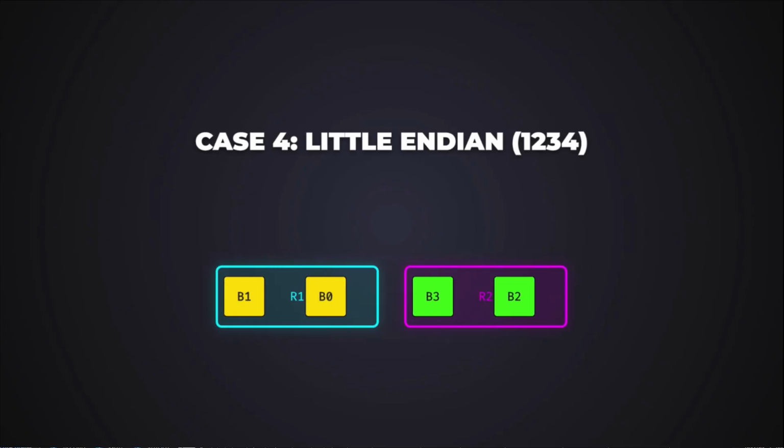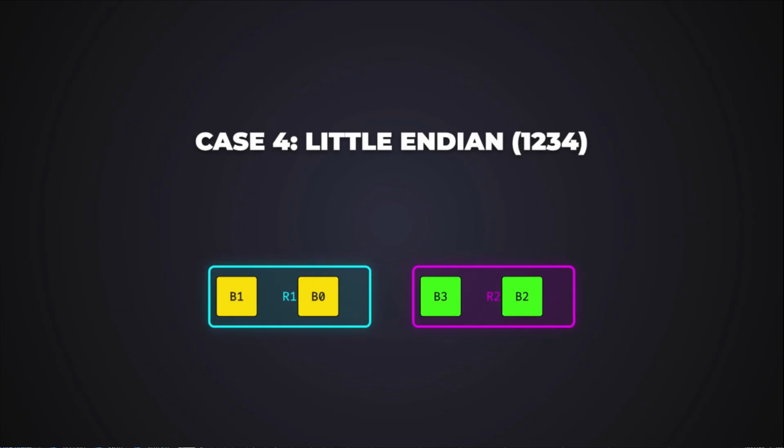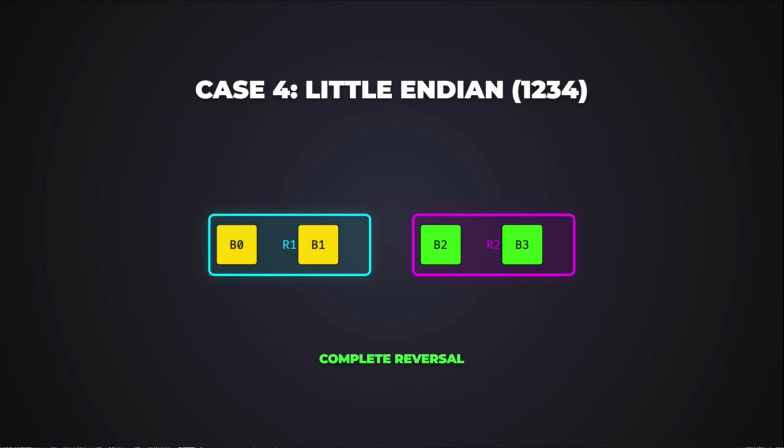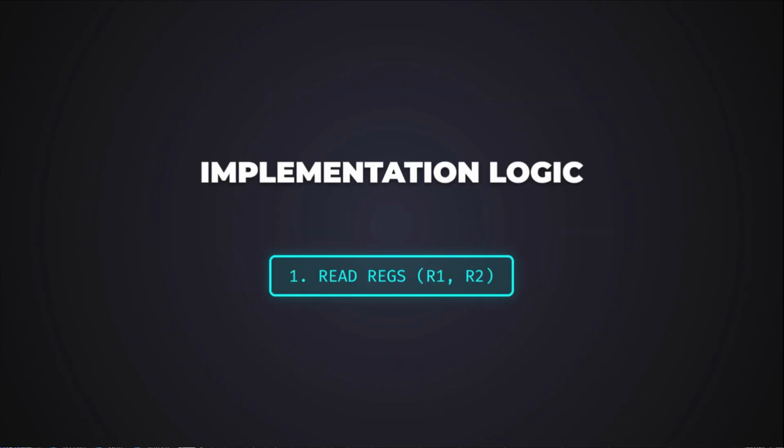To reconstruct B0, B1, B2, B3, the system must first swap the words, resulting in B1, B0, B3, B2, and then swap the bytes within those words, resulting in B0, B1, B2, B3. Alternatively, a single reverse operation on the entire 4-byte sequence achieves the target B0, B1, B2, B3 structure.